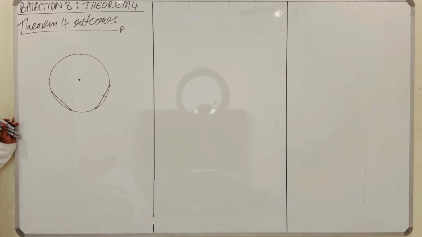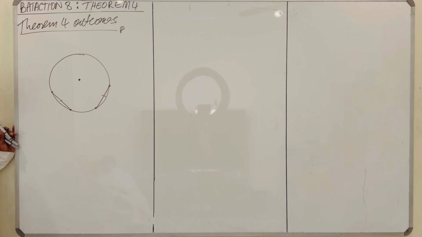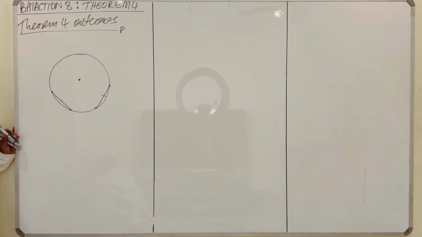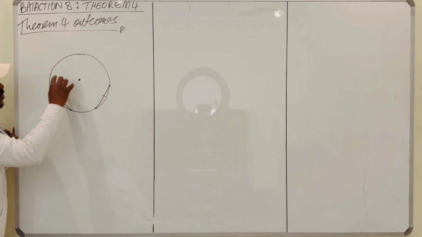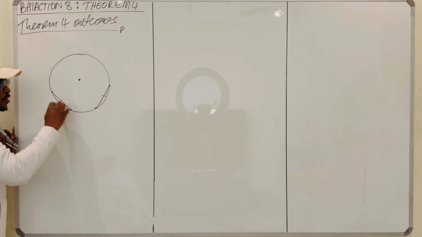Are you with me? Yes. This chord is equal to this one, right? Yes. Which means this one as well will sit exactly the same way as that one. It will also cut this, there will be a major segment and a minor segment. Because these 2 chords are equal, they are joining the same arc. The major segment, which is this part, all of it, should be the same as the major segment of all of that.